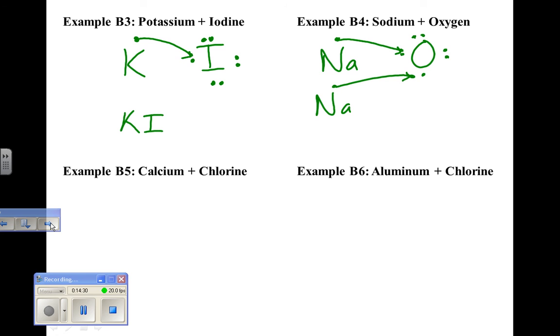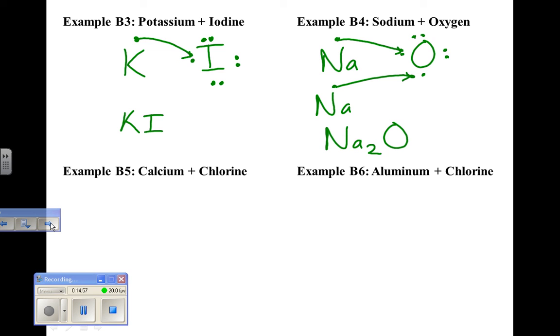Okay, calcium and chlorine. Notice I'm not crossing arrows. I go from top to bottom, left to right. I should not see any arrow crossing. Okay? Calcium and chlorine. Calcium has how many valence? 2, because it's in group 2. Chlorine has 7.